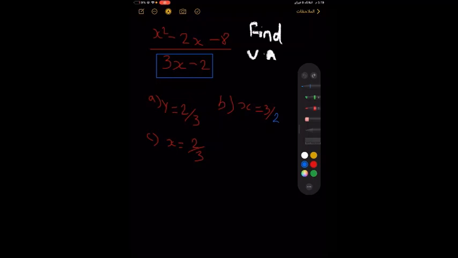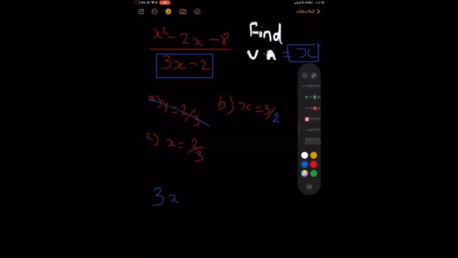As soon as we see the choices, we will cross this one out, because a vertical asymptote is always equal to x. So we will keep this in mind. So now we have this choice and this choice. So we will work with the denominator.